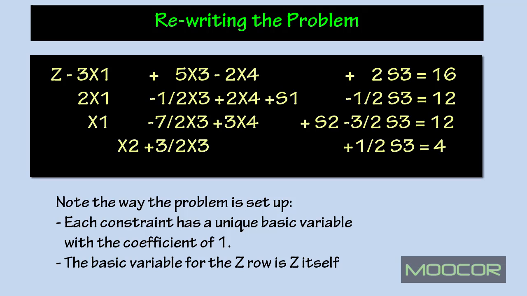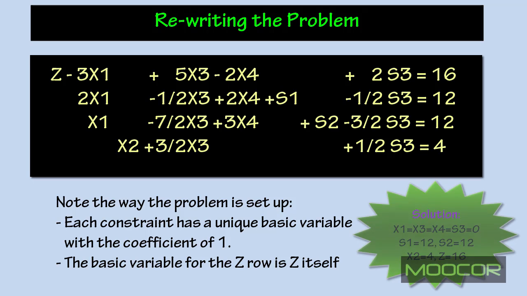The new solution, of course, is x1 equal x3 equal x4 equal s3 equals 0. Those are non-basic. And s1 equal 12, s2 equal 12, and x2 equal 4 with the z value of 16.